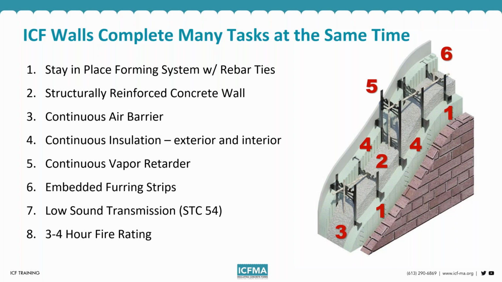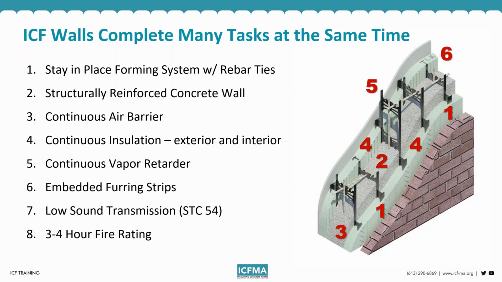Also, how an ICF cures and sets up, it functions with the foam as a continuous air barrier. You also have continuous insulation on both the inside and outside of the wall. And EPS foam is tested as a vapor retarder in most cases. And so depending on the specifics of the manufacturer, it's going to perform typically as a class 2 vapor retarder.